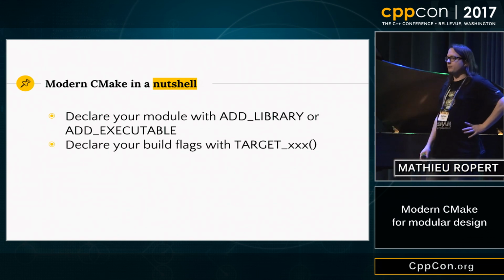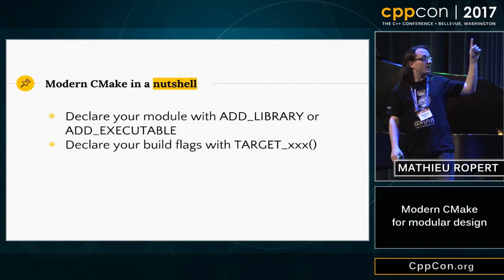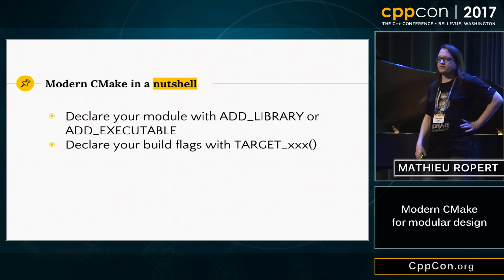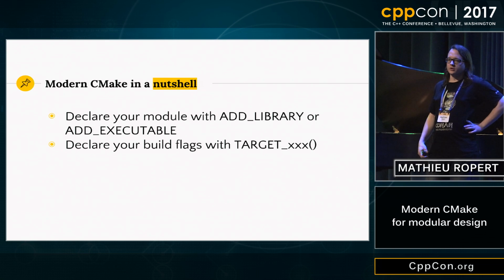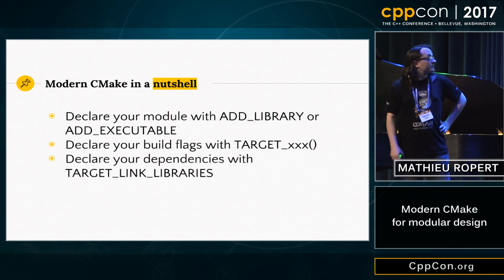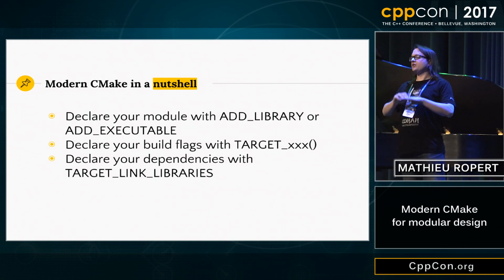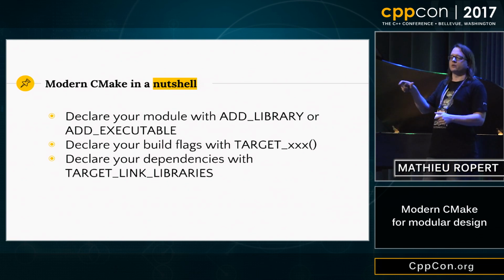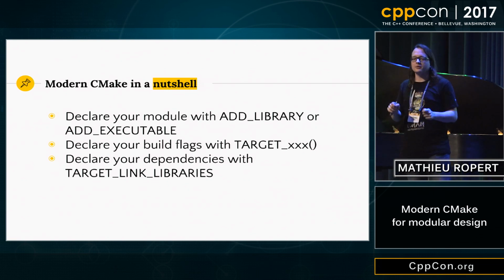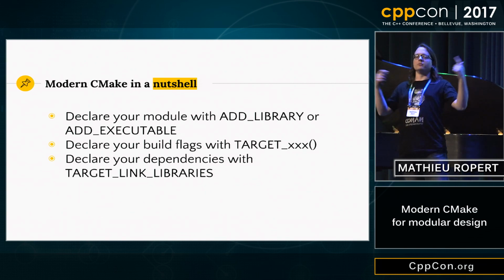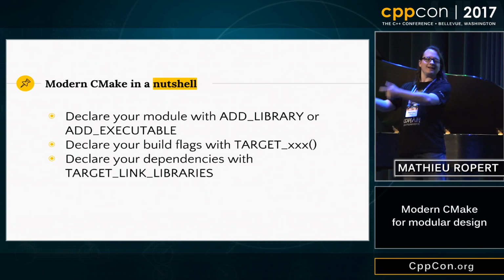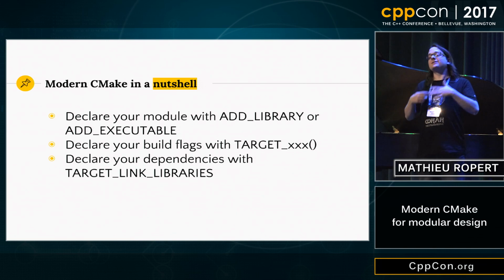And then every time you have to put some flag, you use the target variant of whatever you need to set some flags. I will give some details after that. Then, if you want to declare dependencies, you use target_link_libraries. It's helpfully named because if you want to link with a direct library with a path, or if you want to link with a module with a project and take its interface, it's the same syntax.